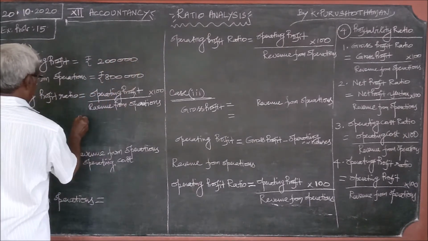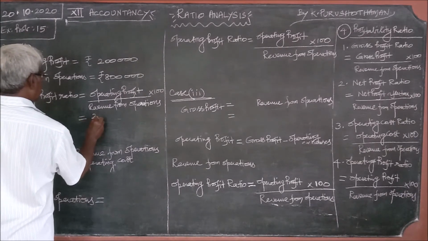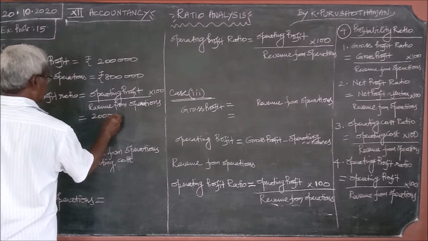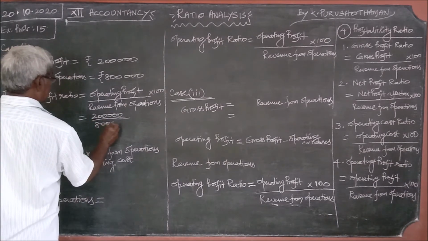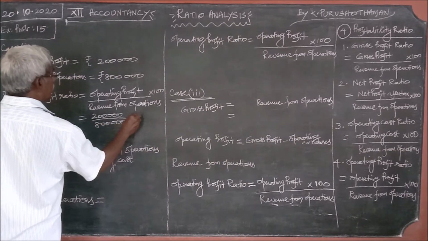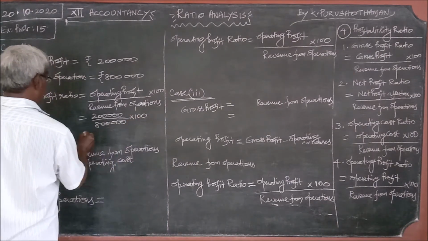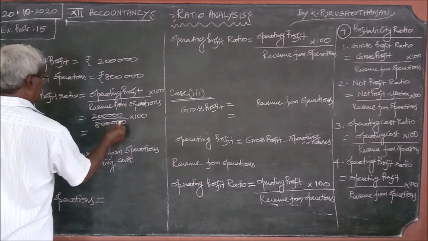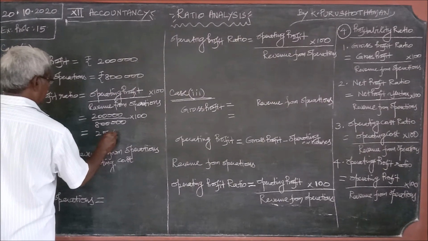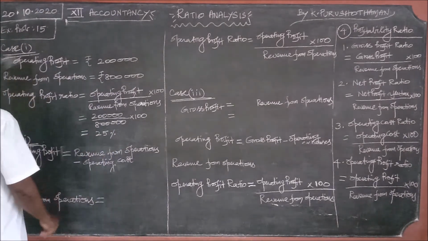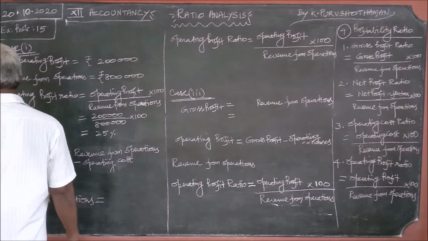So you substitute the values here, 2 lakhs by 8 lakhs into 100. You simplify 1 by 4 into 100, that is 25%. Okay, this is the first case.